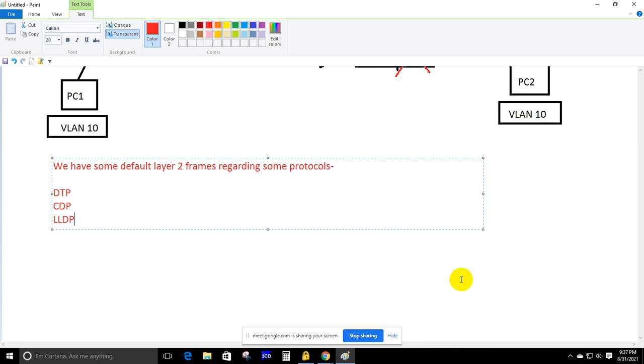These are all layer 2 frames, and these protocols use frames to communicate among switches.